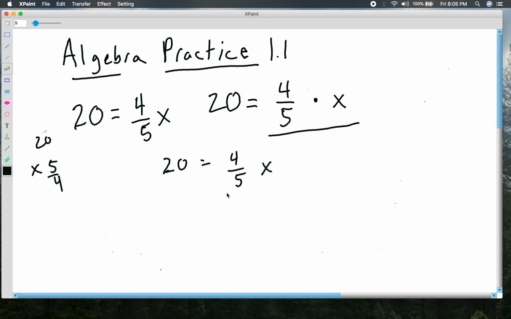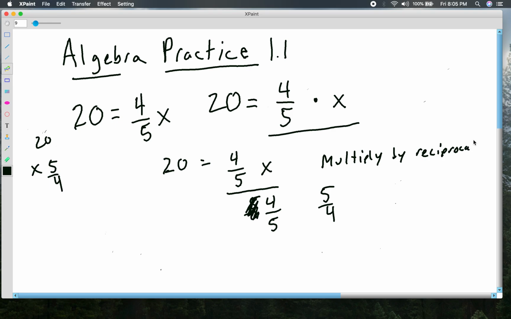We divided by 4 over 5, which was the same as multiplying by 5 over 4, which is the reciprocal, and this reciprocal is found by flipping the fraction. And we did that to isolate x, because now we've canceled that out.